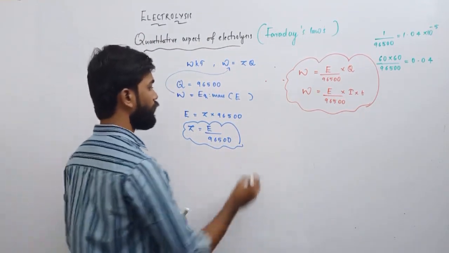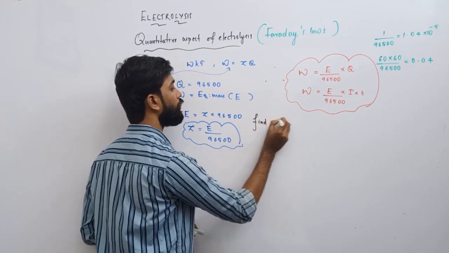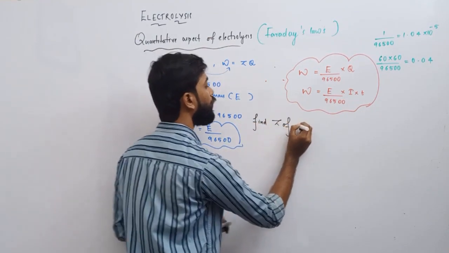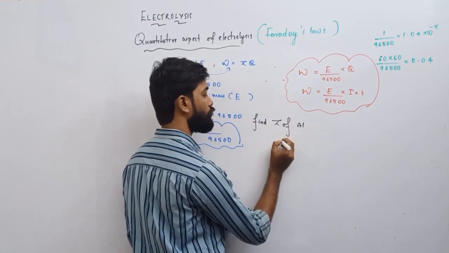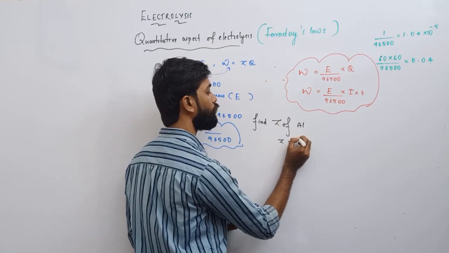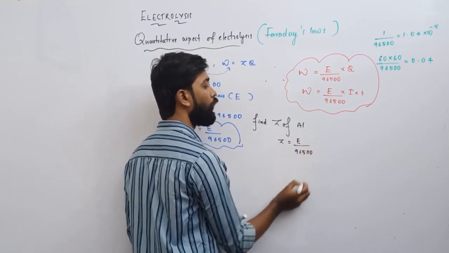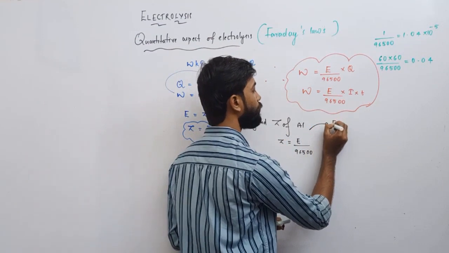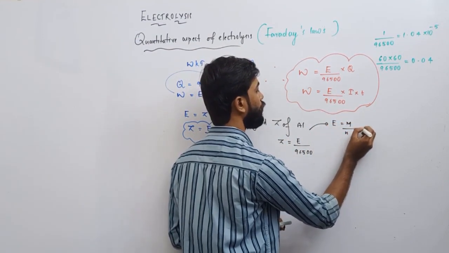Let me have one question: find Z of aluminum. How can we find the Z value? Equivalent mass divided by 96500. What is the equivalent mass of aluminum? Equivalent mass is molar mass divided by n factor.